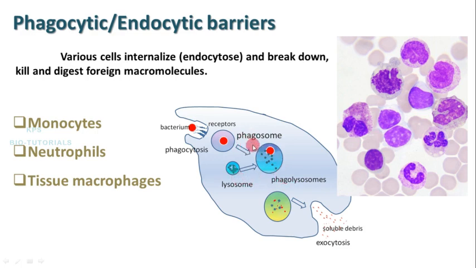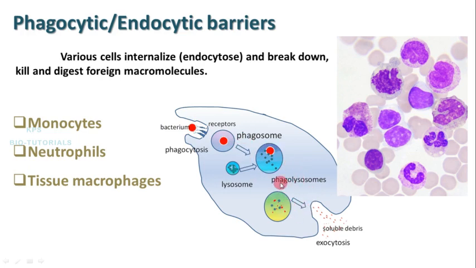So these phagocytic cells like monocytes, neutrophils and tissue macrophages are also a part of innate immunity, and it is a non-specific mechanism of defense against pathogens. Here macrophages, neutrophils or monocytes have no specificity towards a particular antigen, but can take up any antigen encountering these phagocytic cells, endocytosed into their cells, and within their cells they get destroyed.